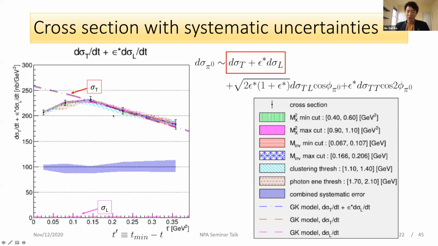Not only for this theoretical calculation, but actually all the GPD models with only the chiral even GPDs can only predict the sigma L term, and they all fail to describe this pi0 data up to our kinematic regime. And this model prediction for the sigma T term used the chiral odd GPDs to explain this cross-section result.